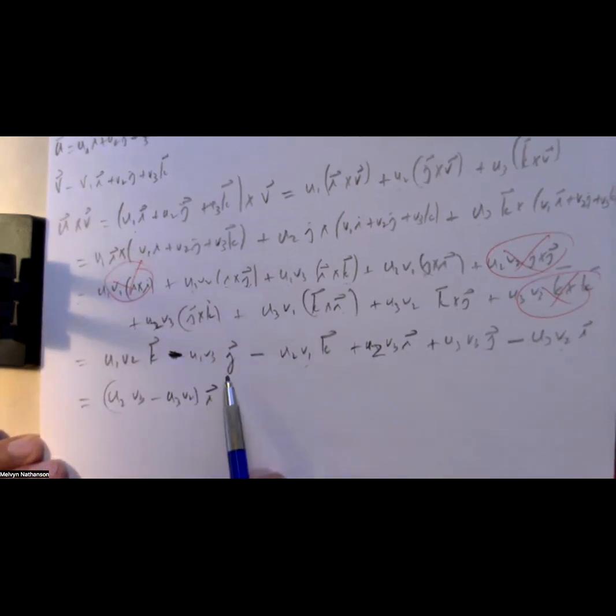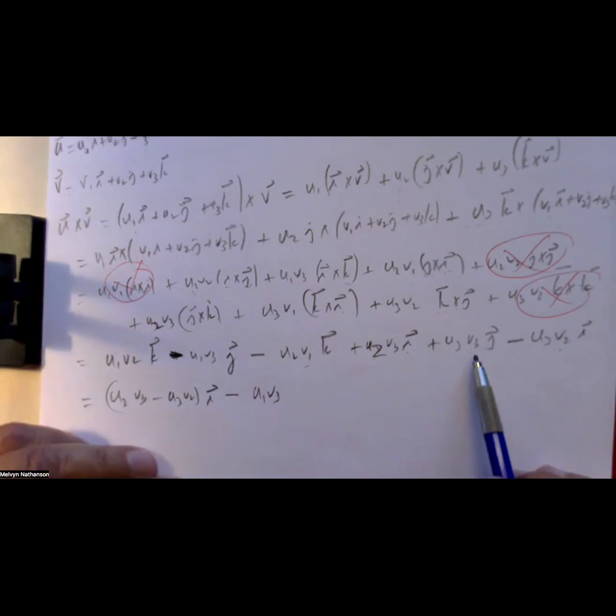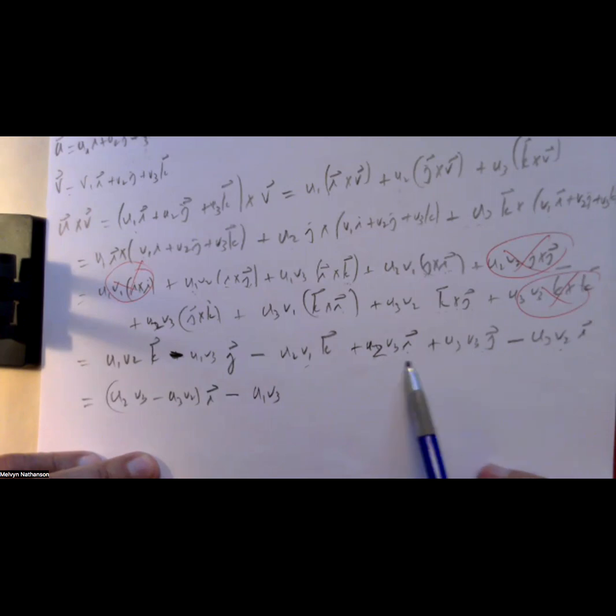And for j, I have minus u1 v3, and here plus u3 v1 j, so minus times minus is plus.